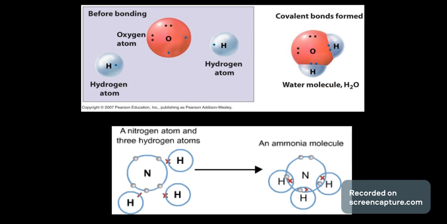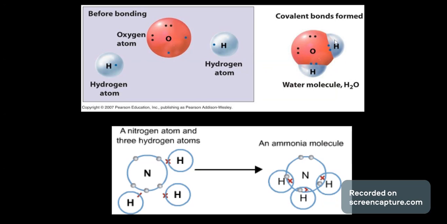Now, what happens before the bonding, as we can see in covalent bonds, is that you have the atoms before they bond and before they come together. For example, in water, the oxygen atom has two blue dots we can see right here. These two blue dots correspond to, or match, the one blue dot in each hydrogen atom.